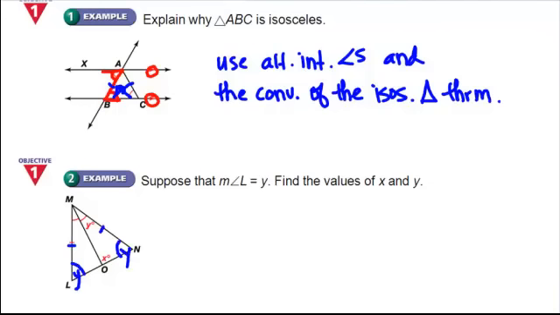I also know from Theorem 4.5 that if the vertex angle of an isosceles triangle is bisected... well, how do I know it's bisected? Because these arc marks are telling me that these are the same. That means that this line, MO, is also the perpendicular bisector of LN.